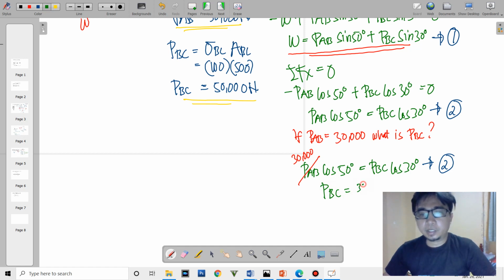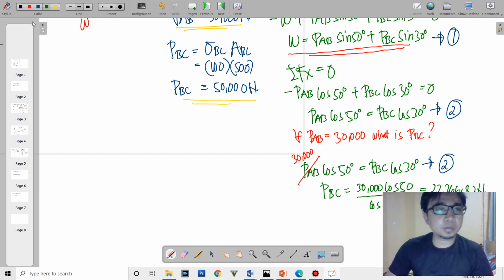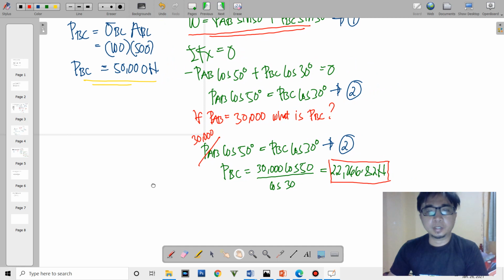That is 30,000 cosine 50 all over cosine of 30 degrees. Therefore, this is equal to 22,266.82 newtons.